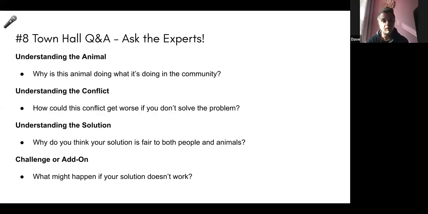We all know Peter Rabbit. So people could start making it worse, getting upset, frustrated, maybe putting things out there to hurt the rabbit, but hurting all the other animals too. Okay? And understand the solution. Why do you think your solution is fair to both people and animals? Okay?